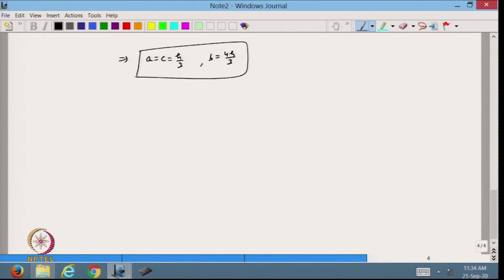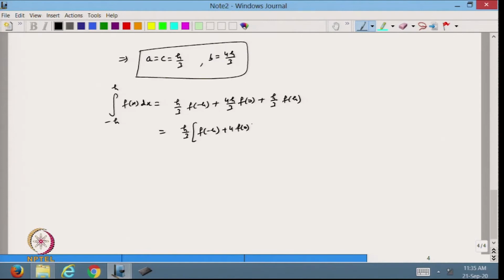After calculating this, my integral will be equal to h by 3 f(minus h) plus 4h by 3 f(0) plus h by 3 f(h). And if I take h by 3 common, this will be h by 3 times f(minus h) plus 4 times f(0) plus f(h).